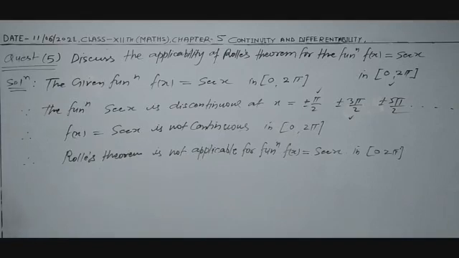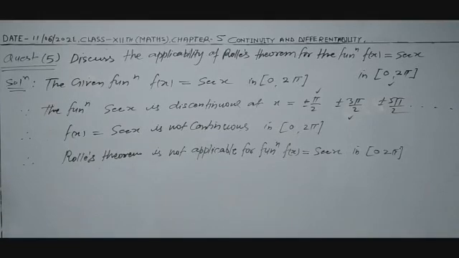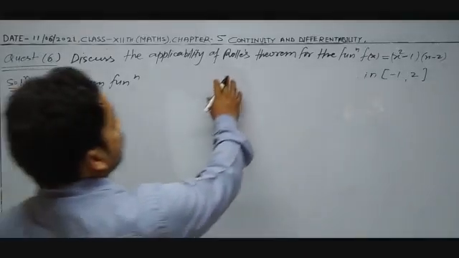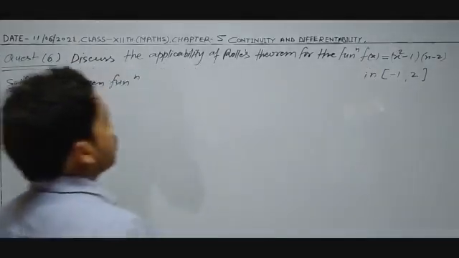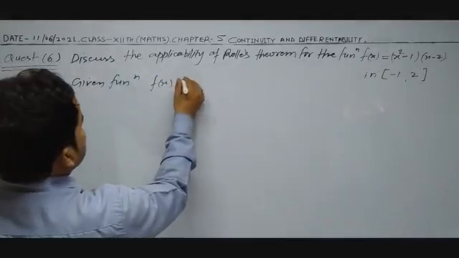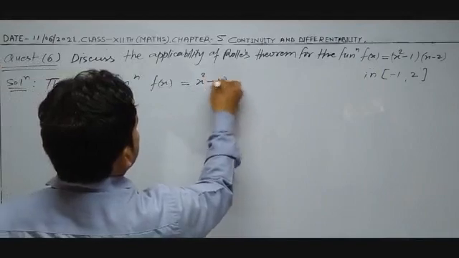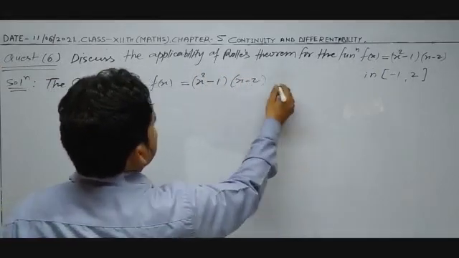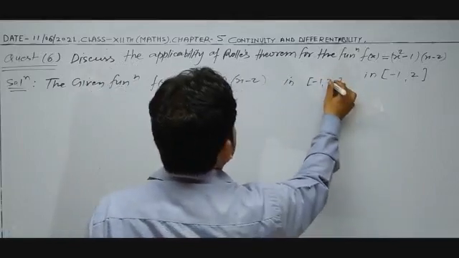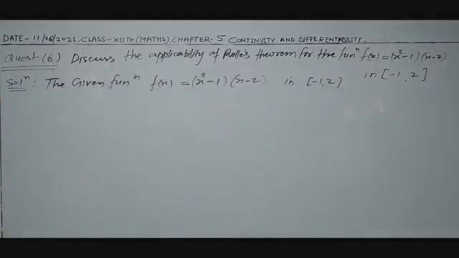Now come to question number 6. Discuss the applicability of Rolle's theorem for the function f(x) = (x² − 1)(x − 2). The given function lies in −1 to 2 in closed interval.